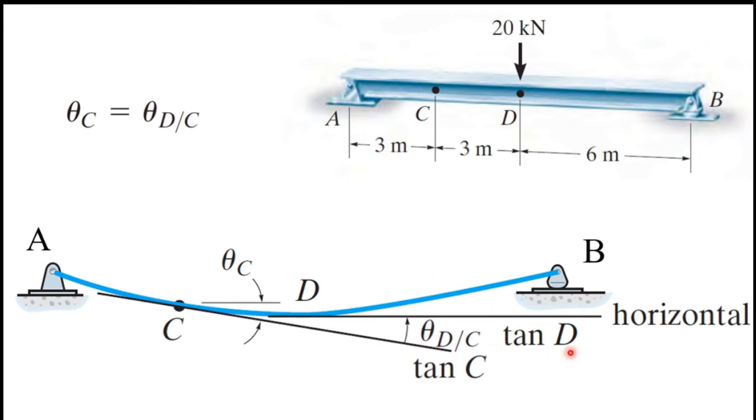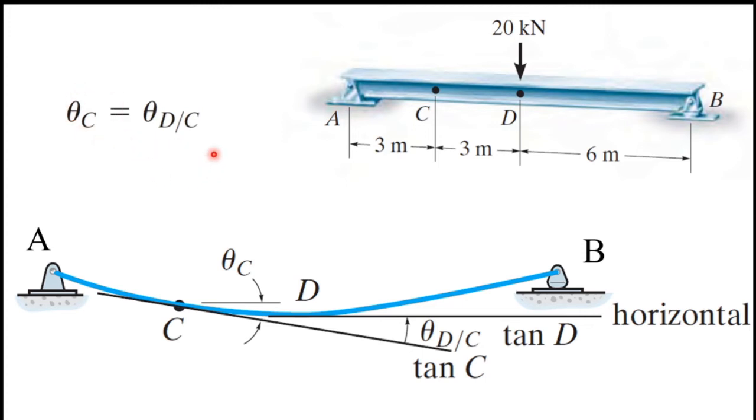So that is the notation of this diagram. Since tan D is a horizontal line, I can say theta DC equals theta C, which is the slope at point C. So that means if we find theta DC, we will have theta C.